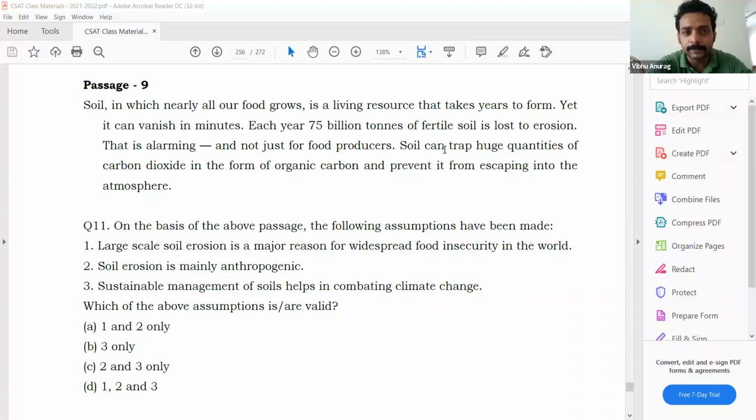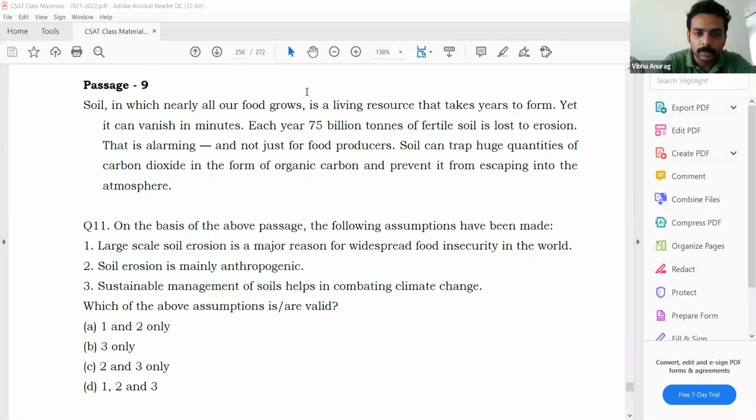It's very worrying. And not just for food producers. Soil can trap huge quantities of carbon dioxide in the form of organic carbon and prevent it from escaping into the atmosphere. So, when soil erosion happens, all this carbon also escapes.